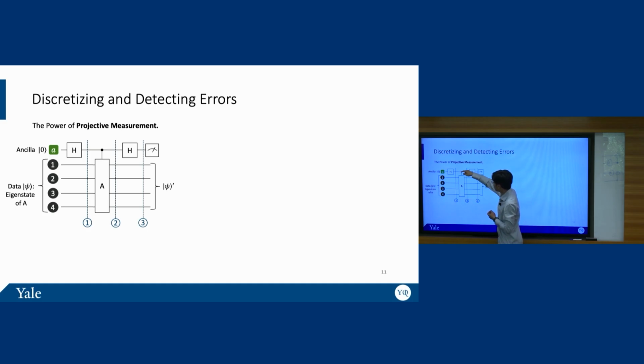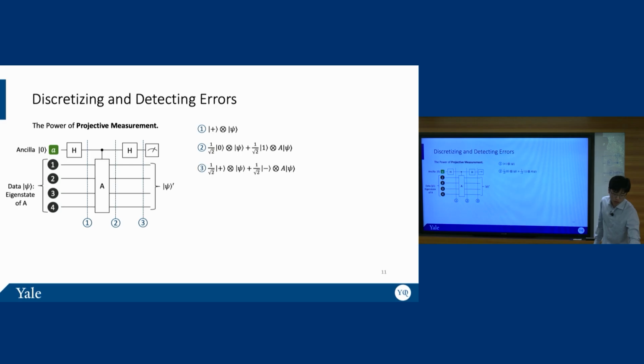So the way that they do it is to do this kind of control A operation for some operation A, and then perform measurement on the ancilla qubits. We have already done this for the example of the two CNOT gates inside of this gadget.